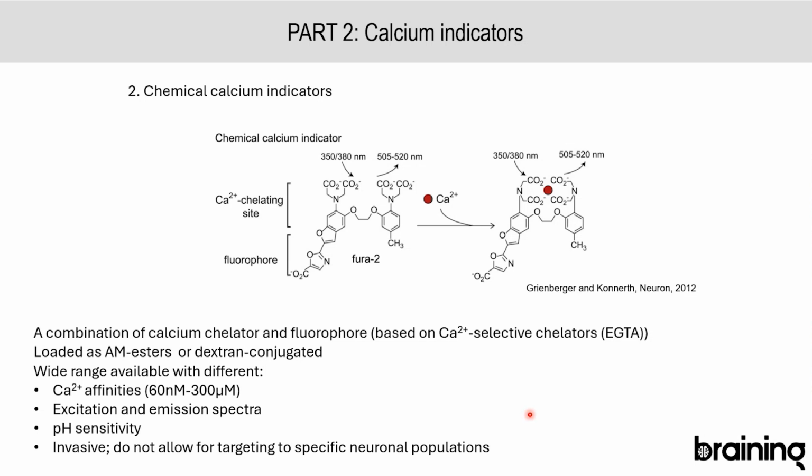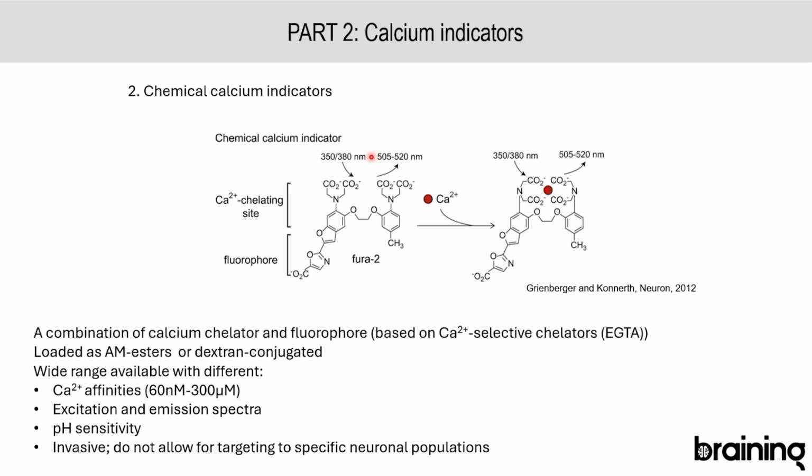So later on, chemical calcium indicators were developed, and indeed some of the people that developed these indicators received the Nobel Prize in Chemistry. These molecules are very interesting because they can cross the membranes of the cells, because they are a calcium chelator, which is this part here, coupled to a fluorophore, based on a calcium selective chelator.